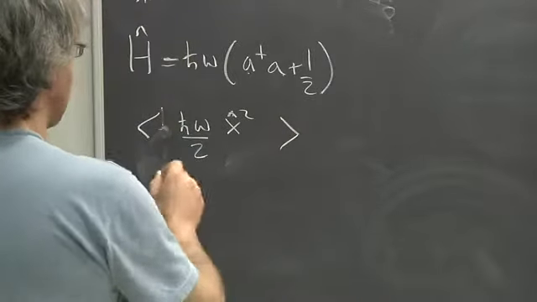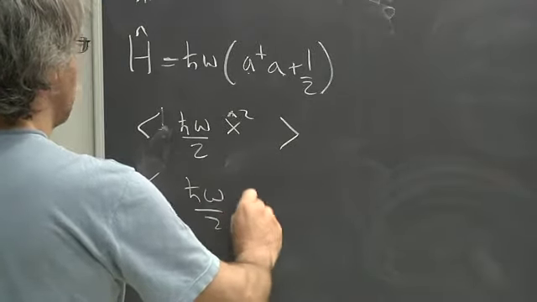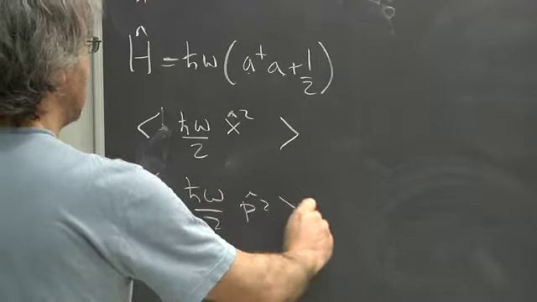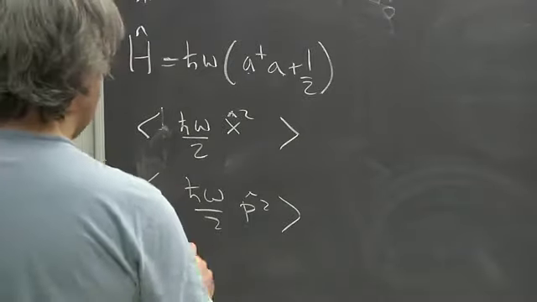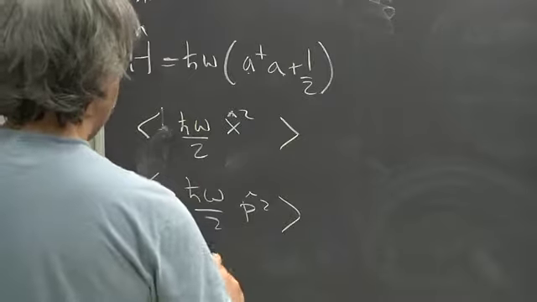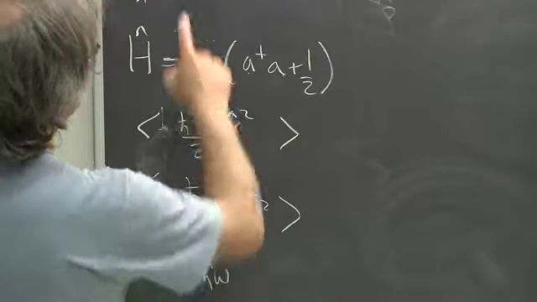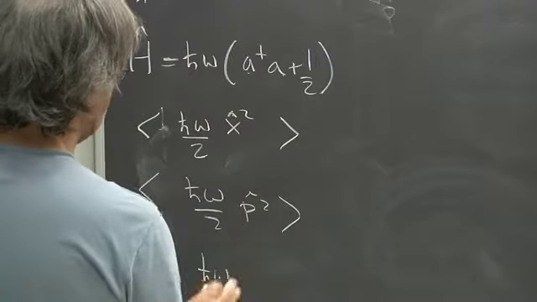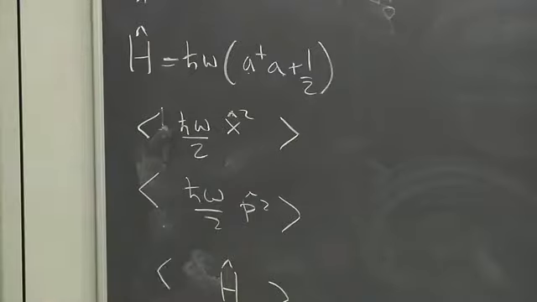The other quantity that I might want to calculate is h bar omega over 2 p squared, the average kinetic energy. And obviously, as a result of the sum, I do have h bar omega over 2 times the sum of the two pieces, which is the average H, okay? The average energy.